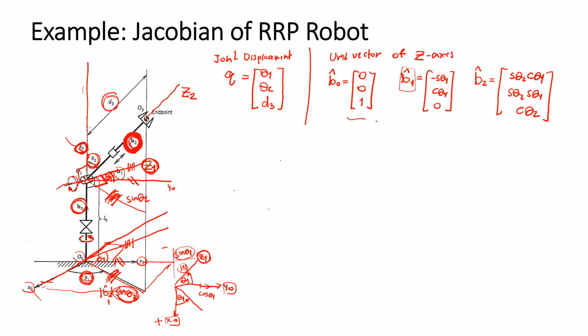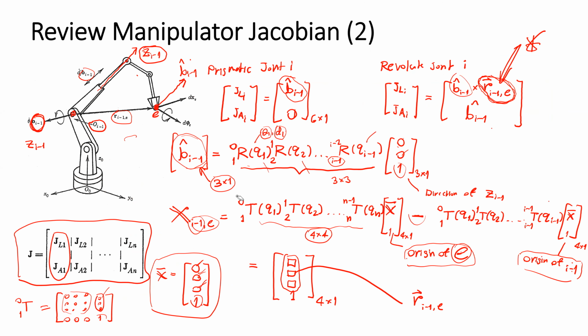I composed this by looking at the picture. But if you don't like this, if you want to go the direct method, if you want to compose the unit vector, you need to compose it from the rotation matrix and multiply by 0, 0, 1.